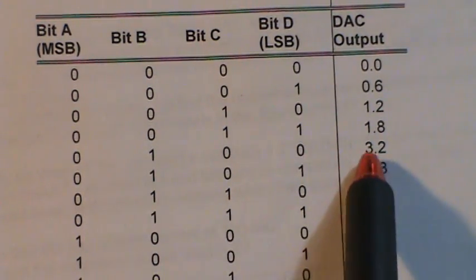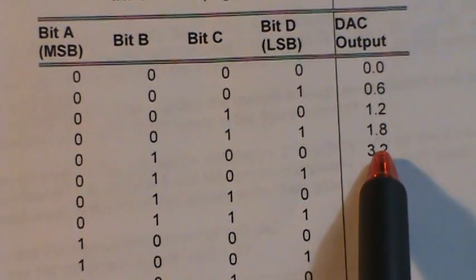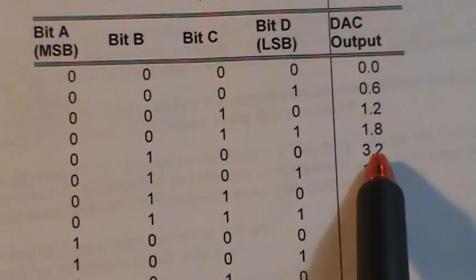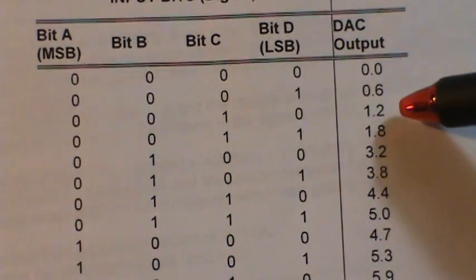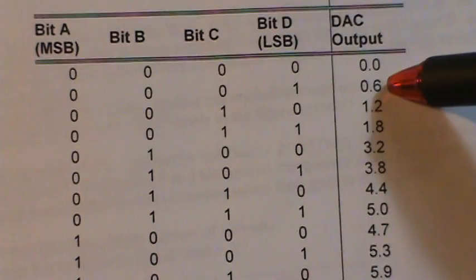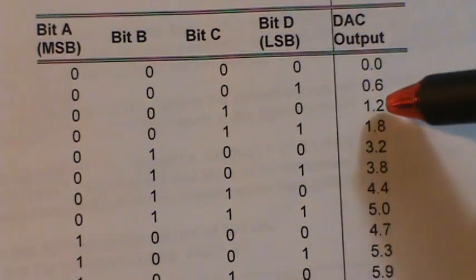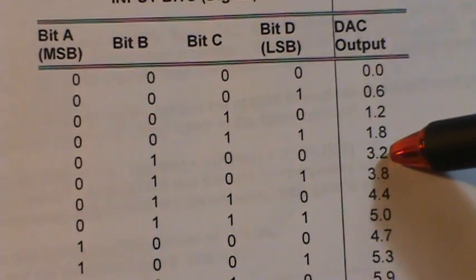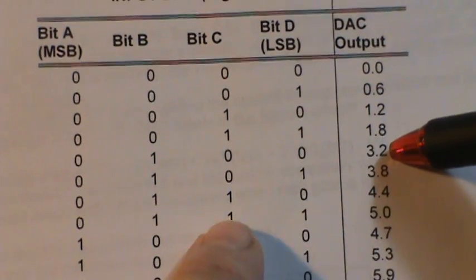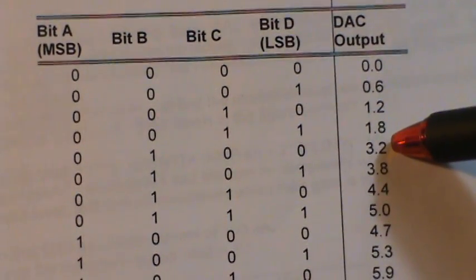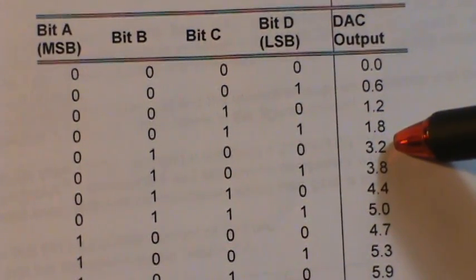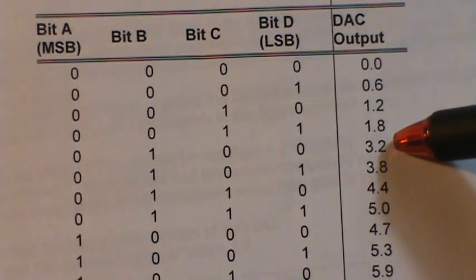So it turns on and I get out a 3.2. That gives me some pause because 0.6, 1.2, I would expect it to double again once I turn on the 4 bit. And it's 3.2. So it's doing the right thing, it's getting bigger as I introduce each bit, but that's pretty far off from where I'd expect it to be.